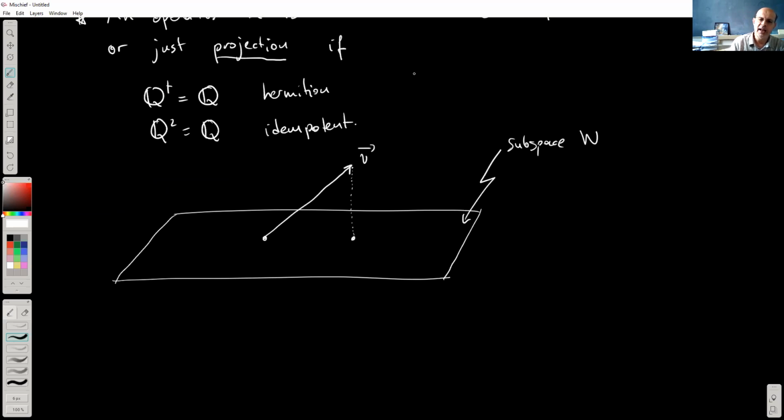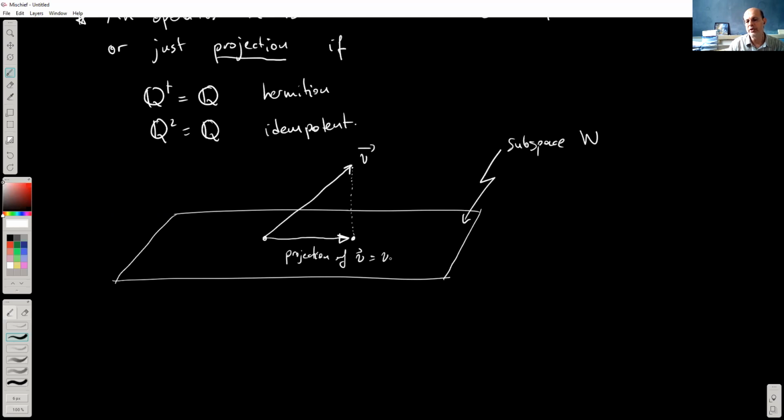I mean, think of it like this. Think of it like light is coming from this direction, let's say. I mean, think of it as a three-dimensional picture. Light is coming from this direction, and we are looking at the shadows of vectors on that subspace. So as a result, this vector has some kind of a shadow in here, and this is called the projection of V, right?